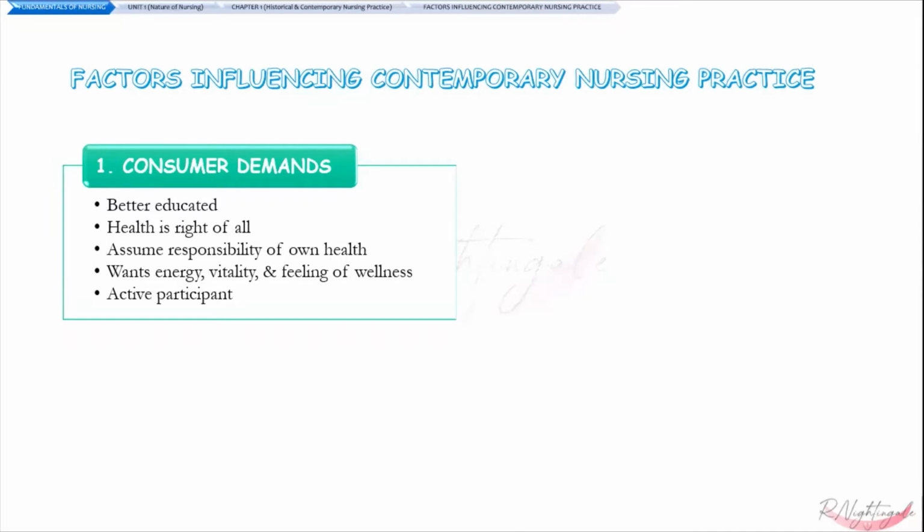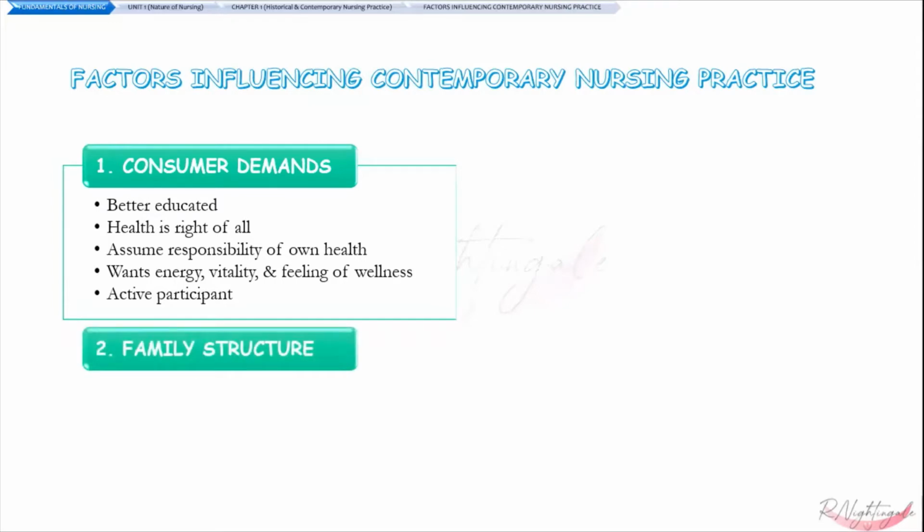They want energy, vitality, and a feeling of wellness. Increasingly, the consumer has become an active participant in making decisions about health and nursing care. Planning committees concerned with providing nursing services to a community usually have active consumer membership. Recognizing the legitimacy of public input, many state nursing associations and regulatory agencies have consumer representatives on their governing boards.